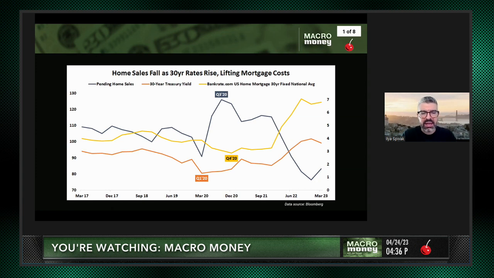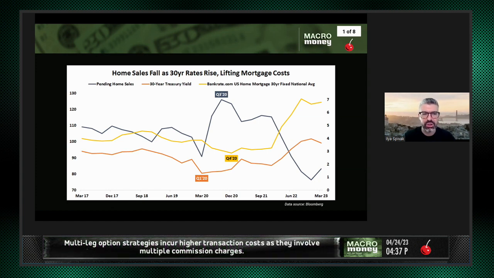You can see that initially what this does for pending home sales, and I'm looking at pending as a baseline. If you were to look at new home sales, existing home sales, they would look very similar here. That line would look essentially the same in terms of the trend.